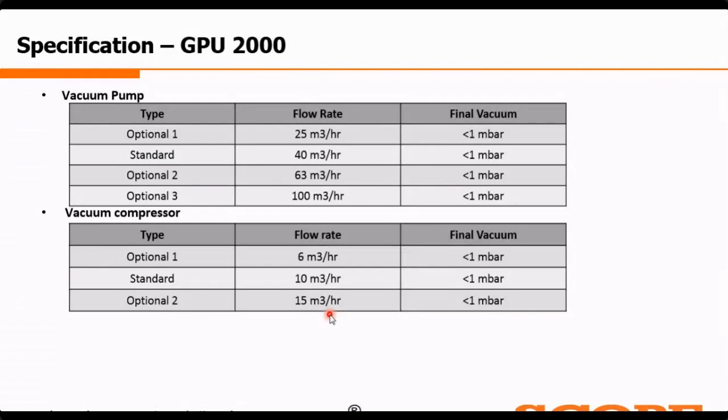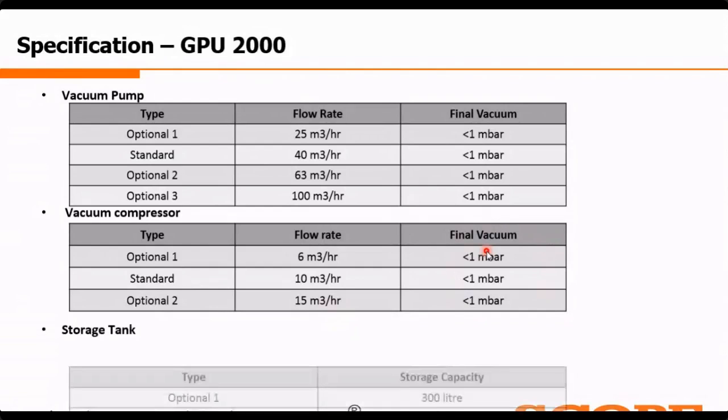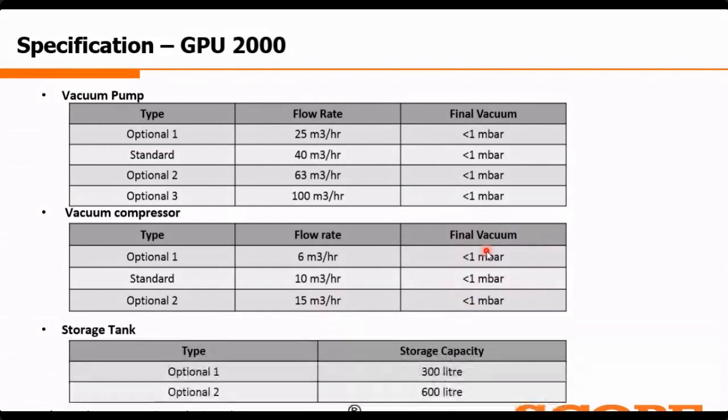With the help of the vacuum compressor, the final recovery is up to 1 millibar. Other than that, we have two optional storage tanks, one of 300 liters and one of 600 liters.